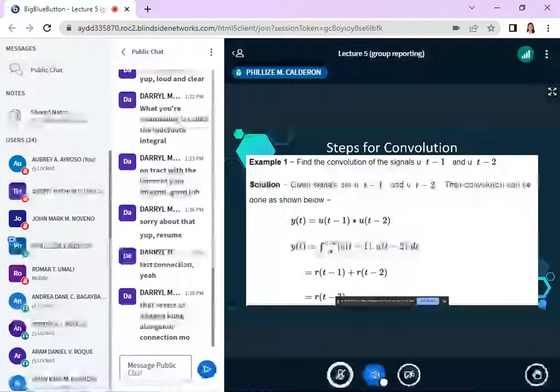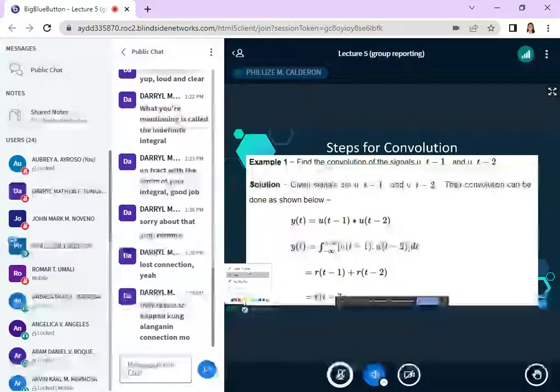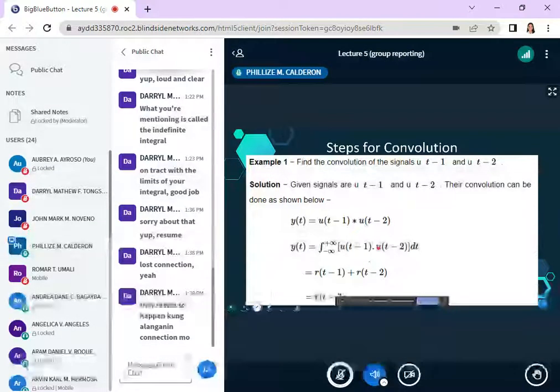So, di ba sinabi naman natin na kapag nag-i-integral tayo from unit, magiging ramp. So, after natin i-integrate yan, mapupunta na tayo sa ramp natin na which is r of quantity t minus 1 plus yung ramp natin na time 2. So, magiging ganito yung itsura niya.